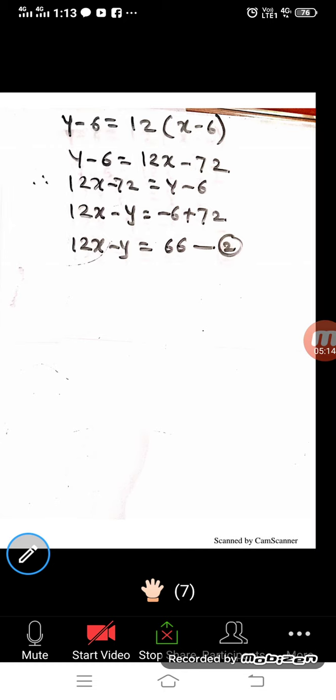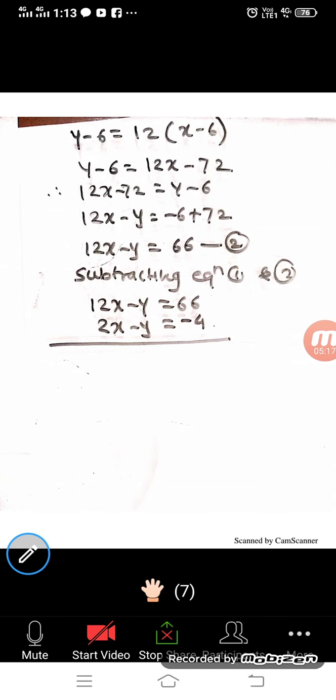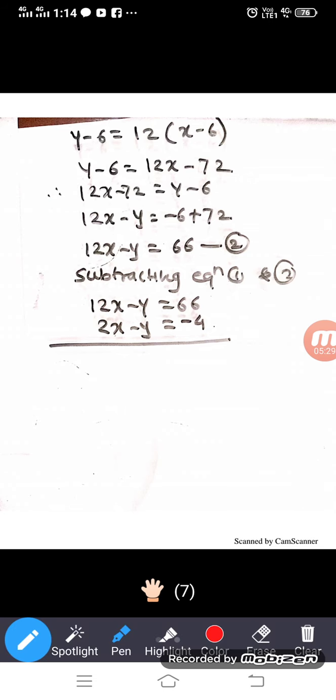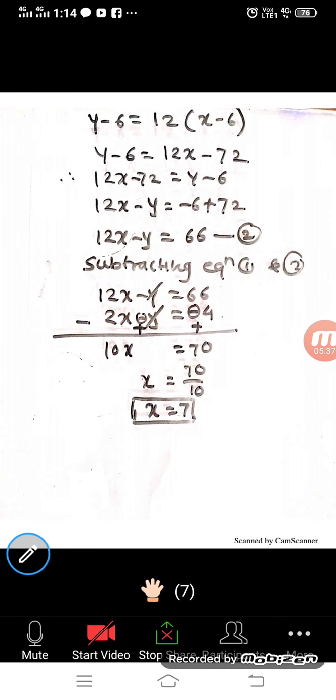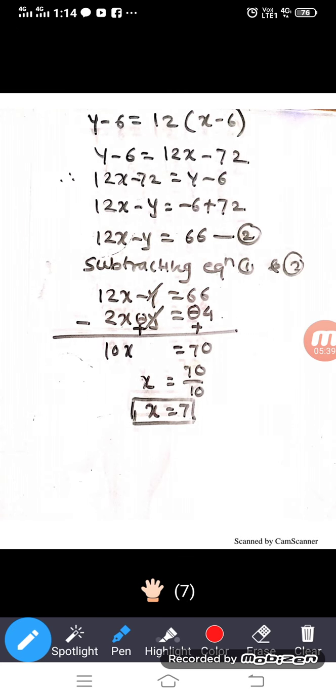Observe the equation number 1 and equation number 2. Here in equation 1, 2x minus y is equal to minus 4, and equation 2, 12x minus y is equal to 66. The coefficient of y is the same. Having same sign, then subtracting equation 1 from 2, we have to change the sign.